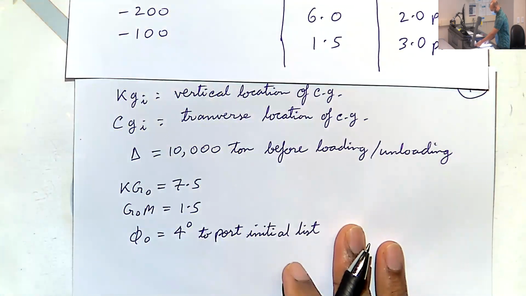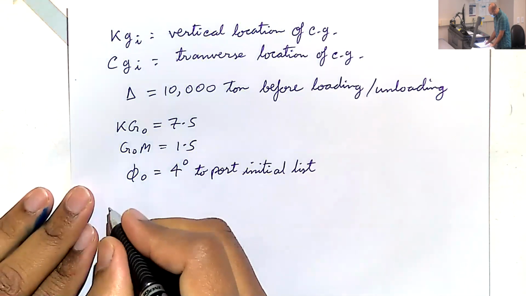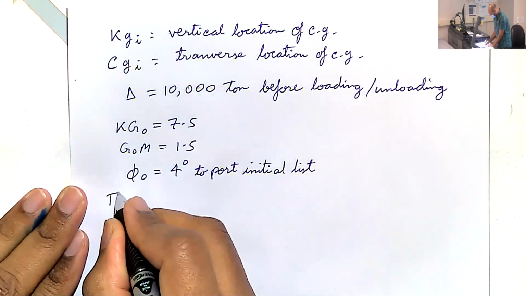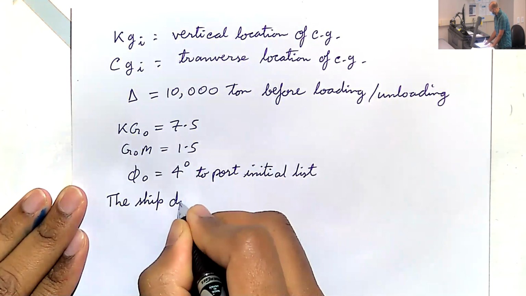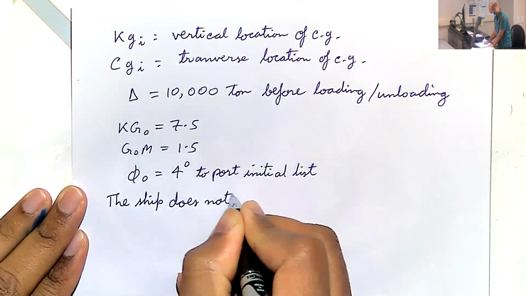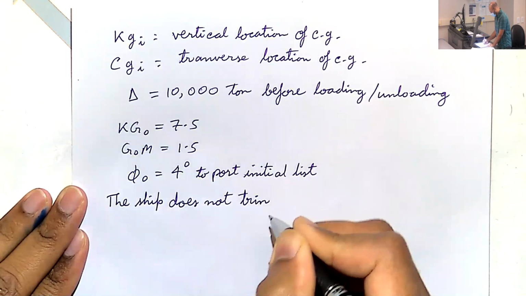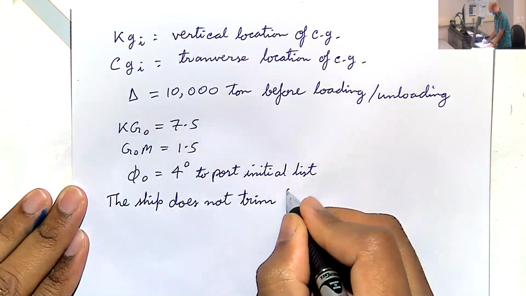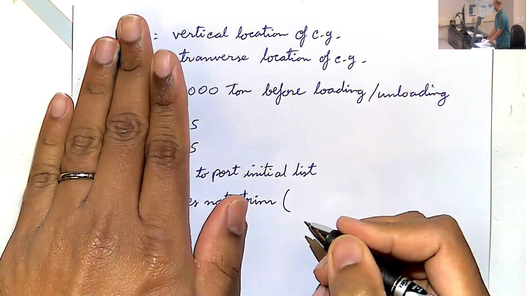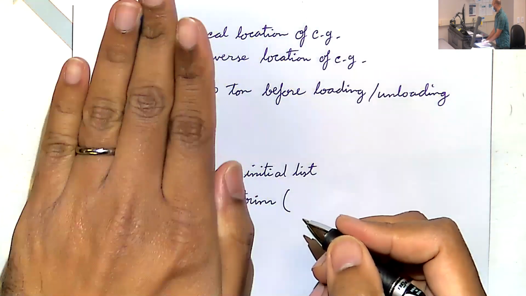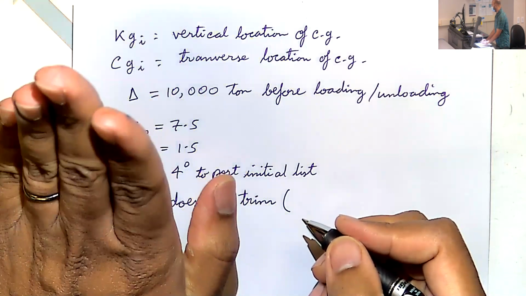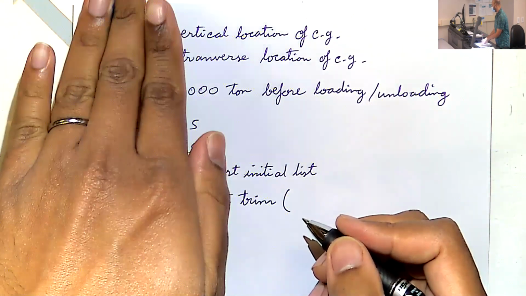And we're told that the ship does not trim. What does that mean, does not trim? Trim angle is the static pitching angle. So the ship is perfectly level in the longitudinal direction. There's no angle this way.